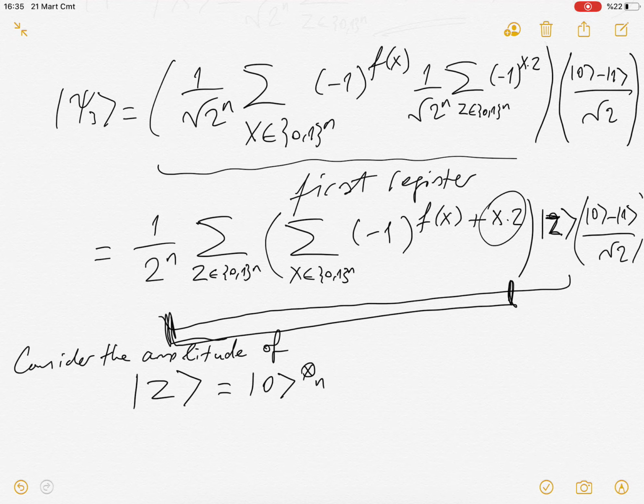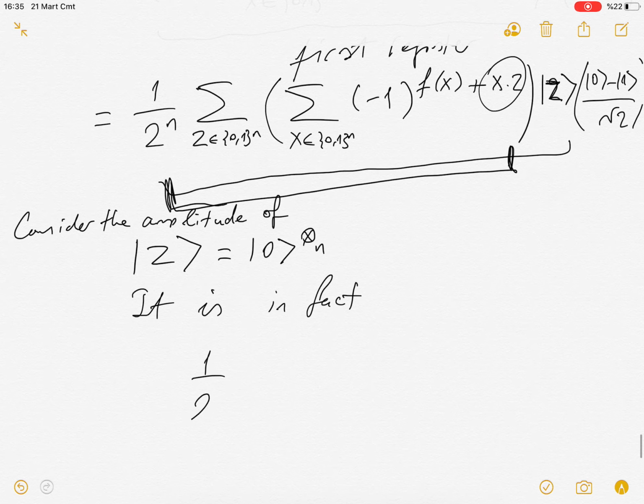So the amplitude of the all zero state will be 1 over 2 to the n, summation over boldface x, of minus 1 to the power f of boldface x.